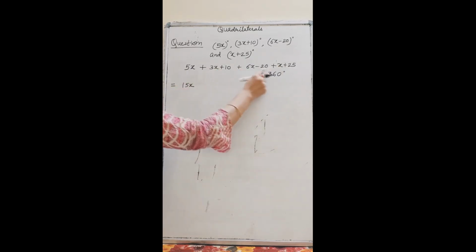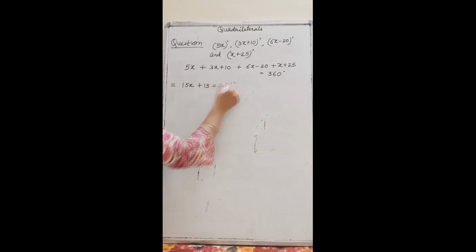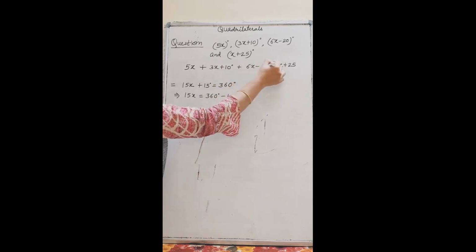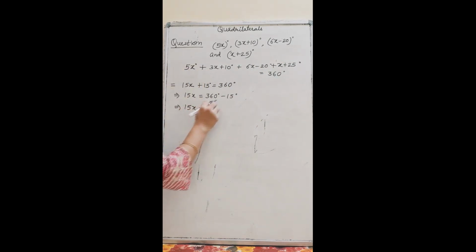Here 25 minus 20 is 5, plus 5, plus 10, it is 15. This is equal to 360 degree. 15x is equal to 360 degree minus 15 degree. We will subtract this. Now when we subtract, we get 15x is equal to 345 degree.